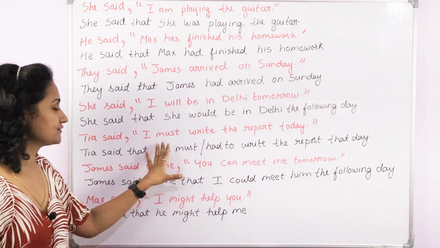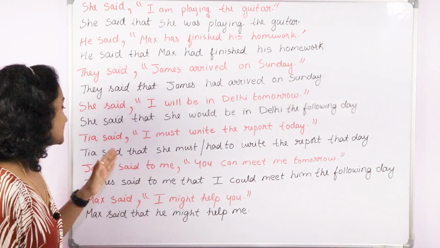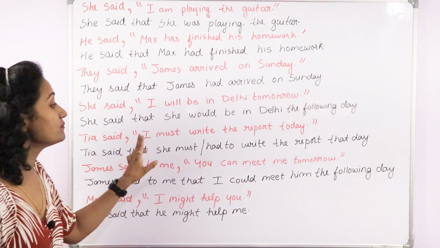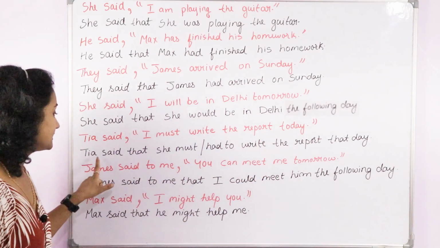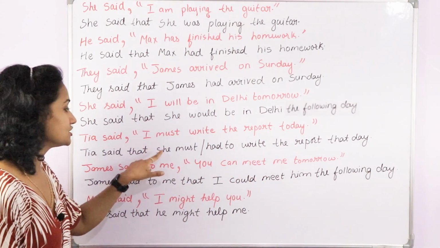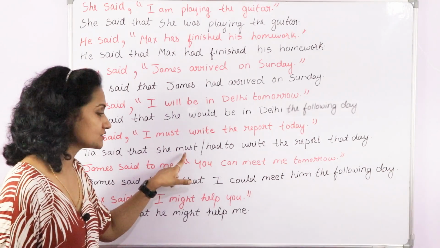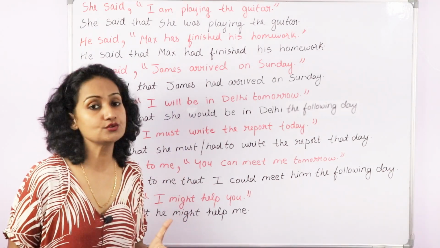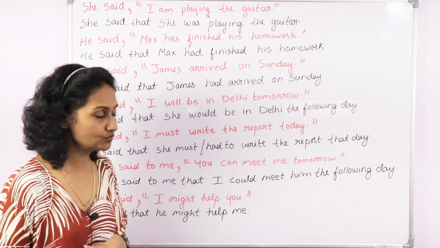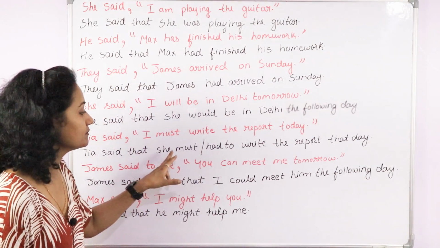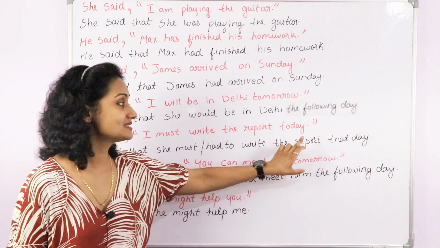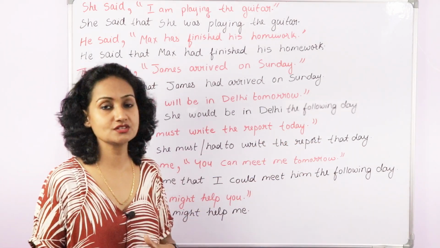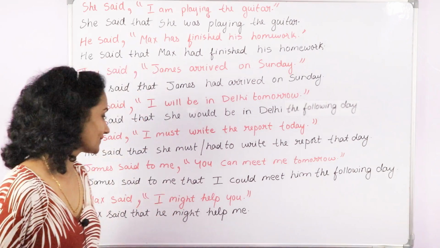Now here we have some modal verbs. Tia said, "I must write the report today." So Tia said that she must, because you can use must or had to, they both are correct. So she must or she had to write the report that day. Now today will change into that day.